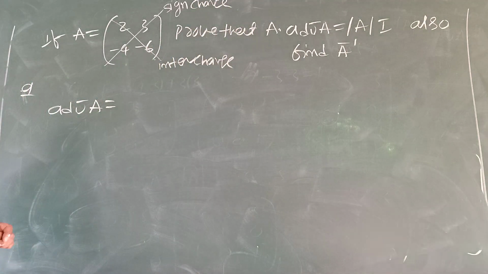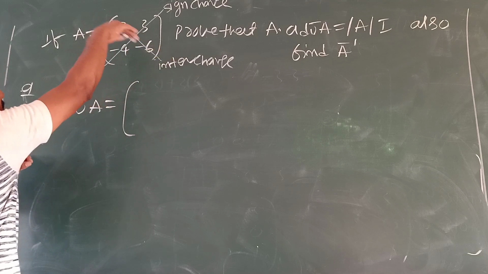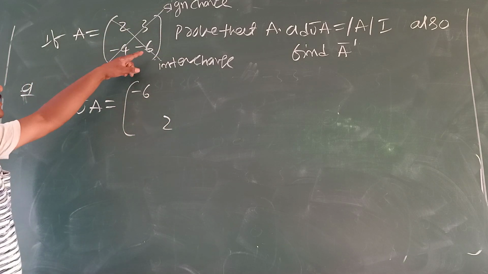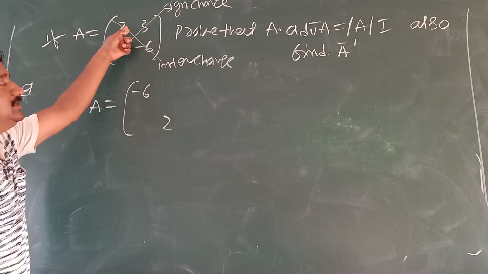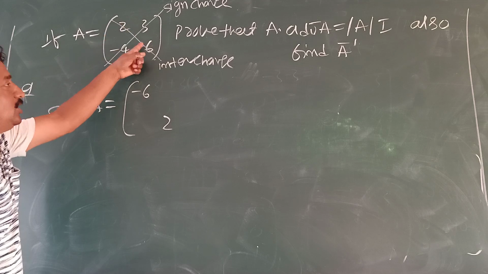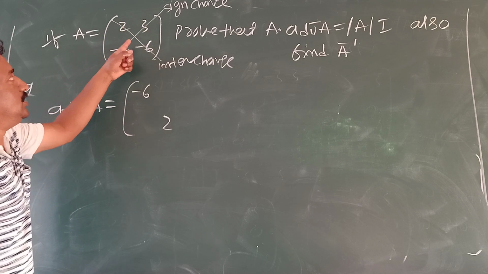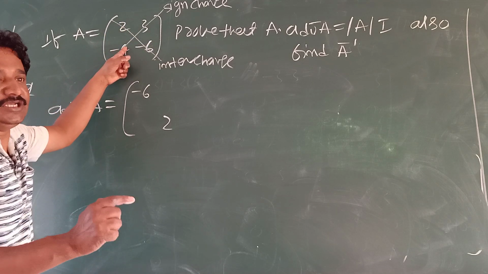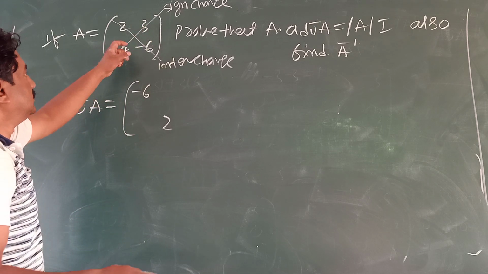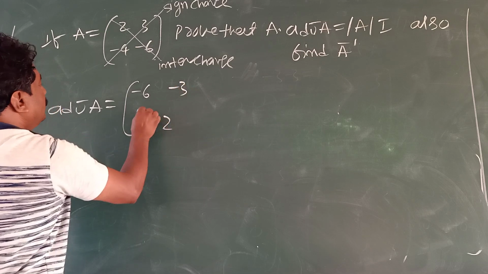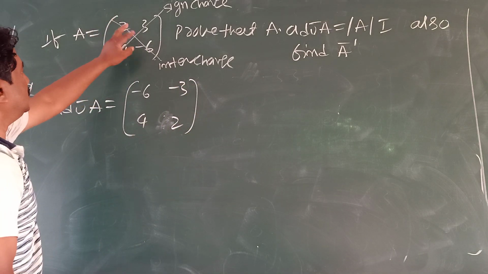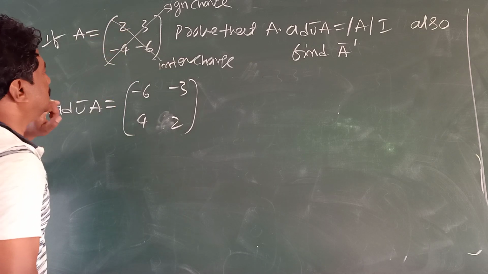Interchange these two elements, 2 and minus 6, and for these two elements, you should not interchange them; it is enough if you change only their signs. So that is minus 3, 4. So we got the adjoint: interchange, sign change.